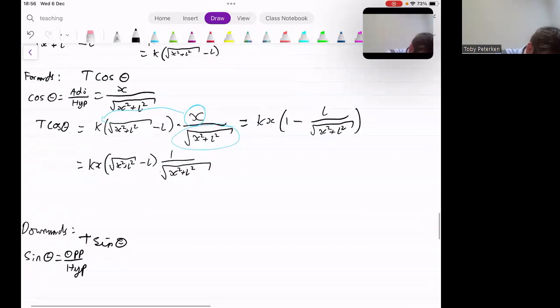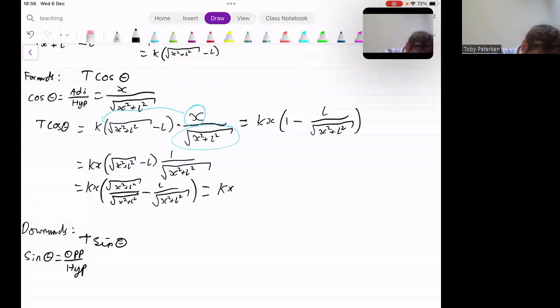And then I multiply the brackets with this fraction here. So we have kx times the square root of x squared plus L squared, minus L over the square root of x squared plus L squared. Well, these cancel and we just get 1 minus L over.